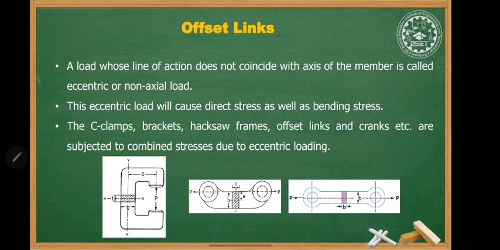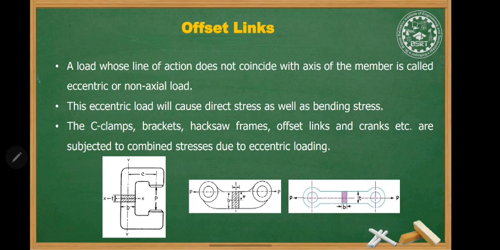The links or the elements which are subjected to the offset load or eccentric load are known as offset links. So generally, what is offset load or eccentric load? A load whose line of action does not coincide with the axis of the member is called eccentric or non-axial load. Such types of loads we have already seen in strength of materials.